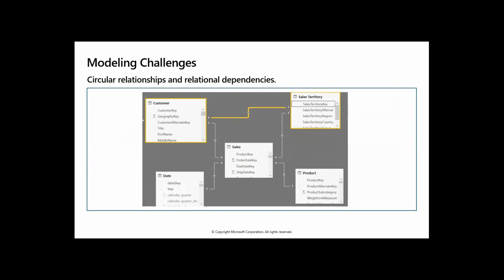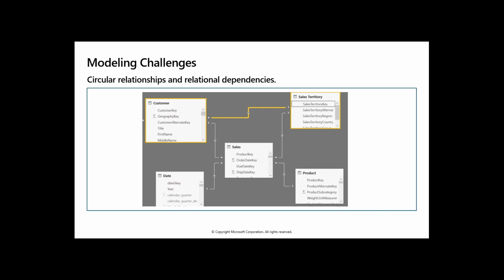So, modeling together: circular relationships and relationship dependencies. If you look at the yellow line that you see on this screen, I am saying one sales territory has many customers. On your diagram, when you are relating two tables, you will see a line between the two tables, but on the tip of each of those lines, one will represent a single entity and many will be represented by an asterisk.